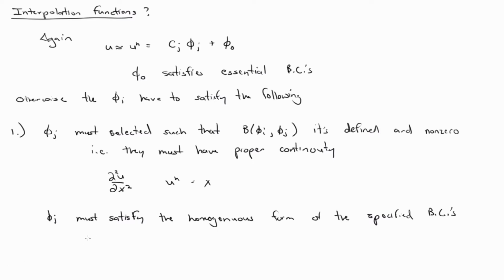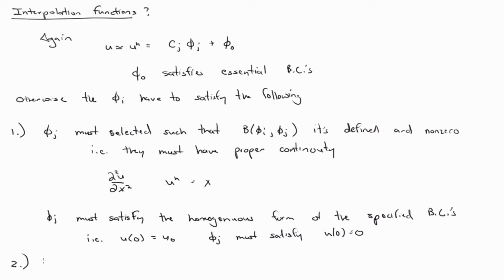So that is, if you're given u at 0 equal to some u naught, phi-j must satisfy u at 0 equal to 0. Okay.